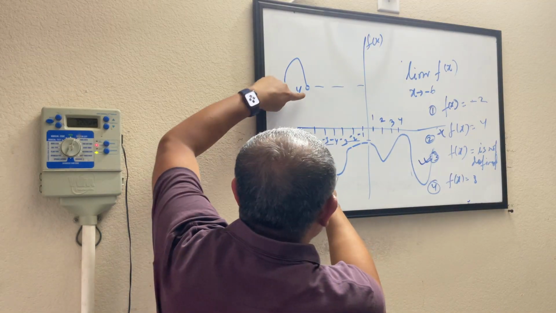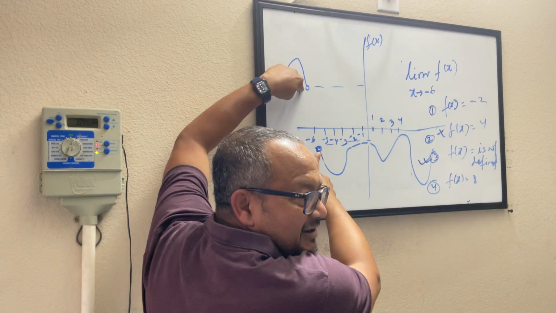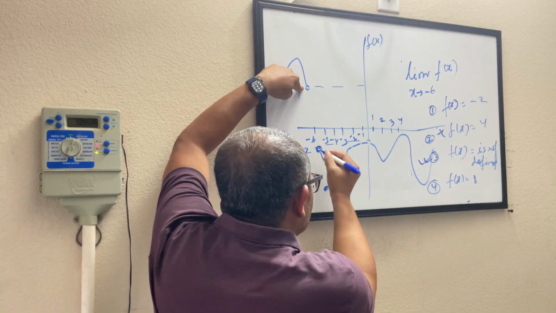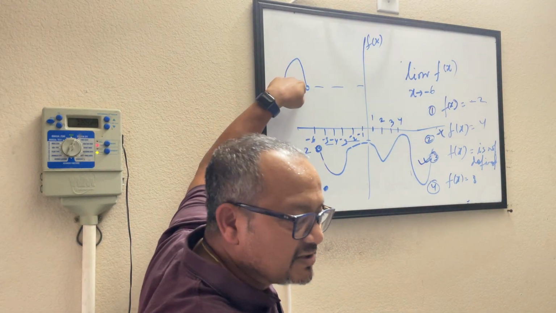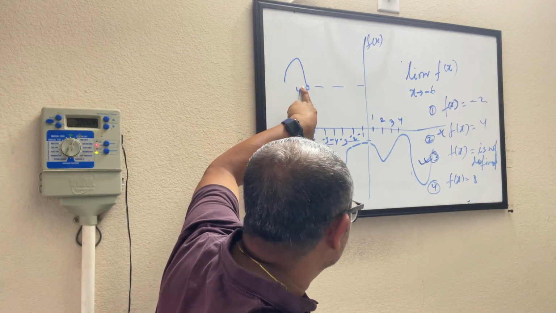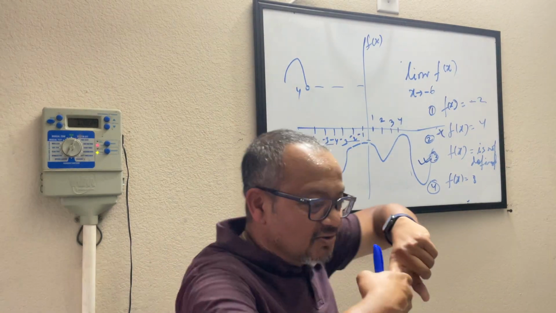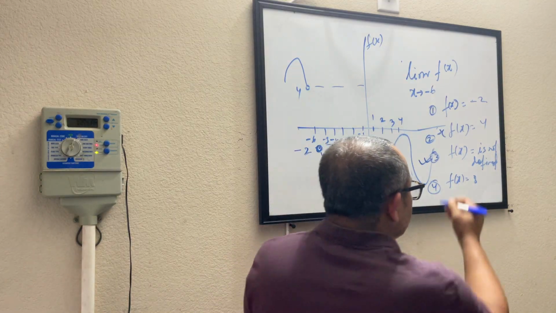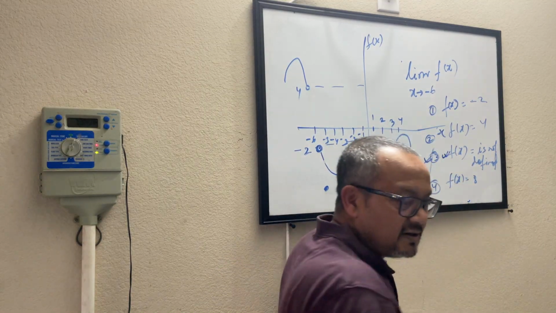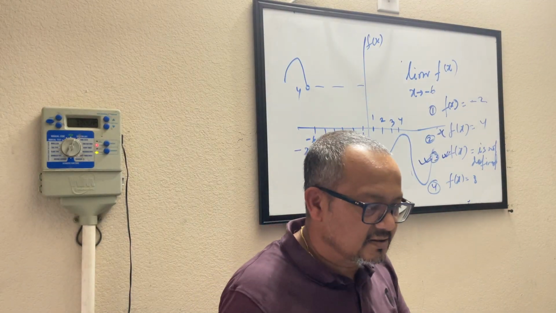Your ring is here, your wire is here. There is no limit. First of all, this is not defined because you see a break here at x equal to -6, or when x is approaching -6, and then there is no ring connecting them. So you will say that there is no limit and it is undefined. Since you have the option of it being undefined, you can simply choose that.